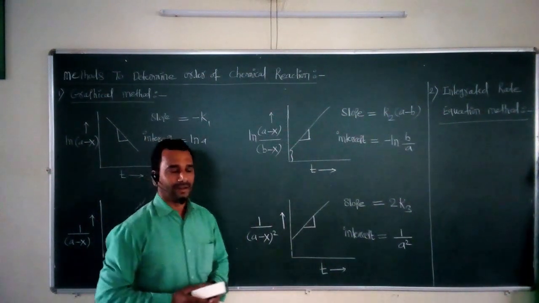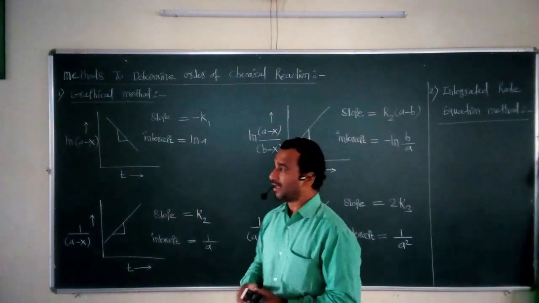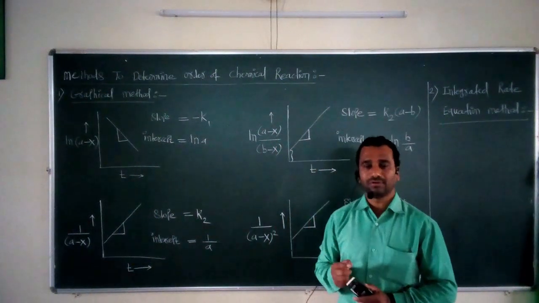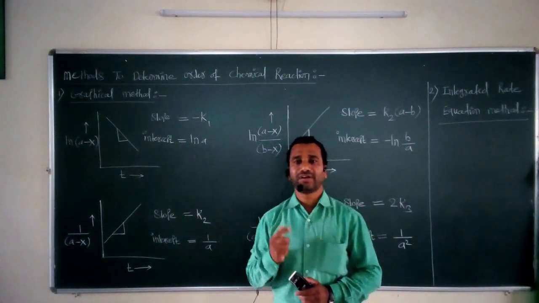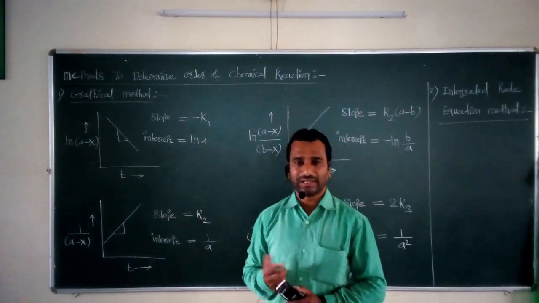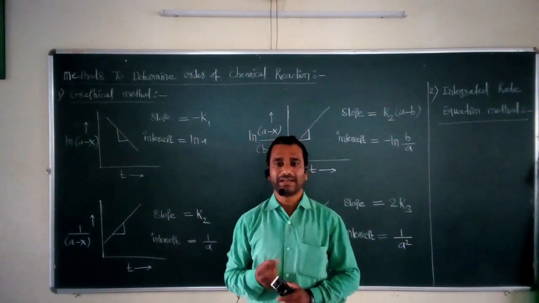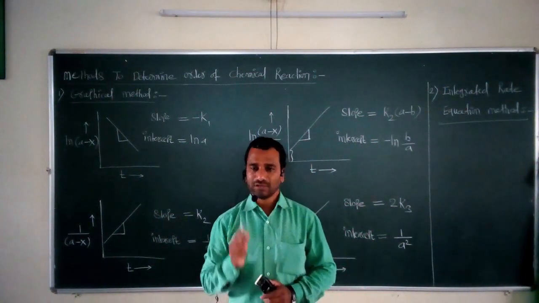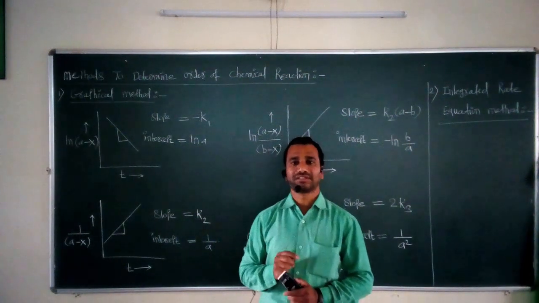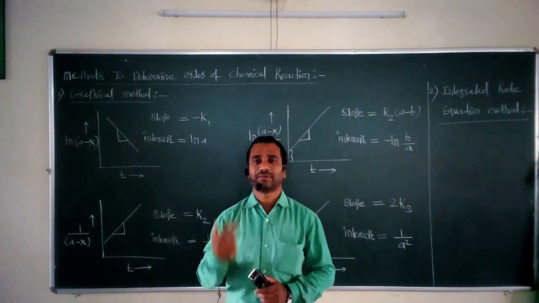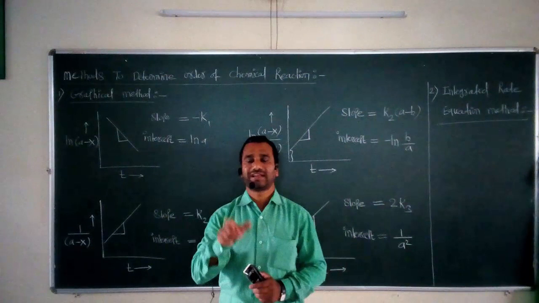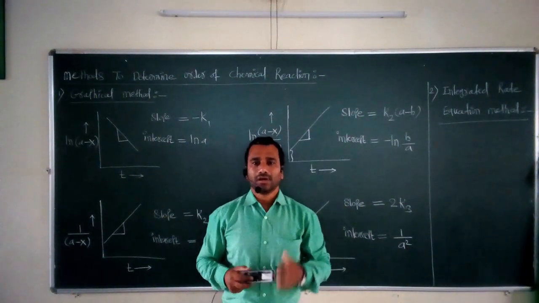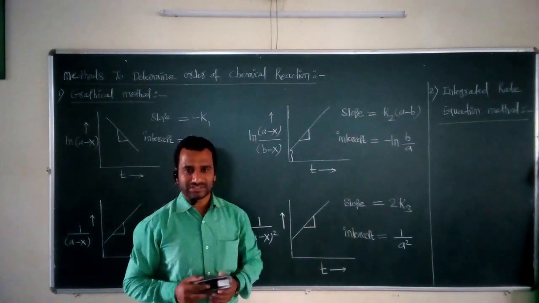First of all, we have to derive an expression for the different orders of a chemical reaction. Those expressions are called the integrated rate equations. That expression we first have to convert into a straight line equation.